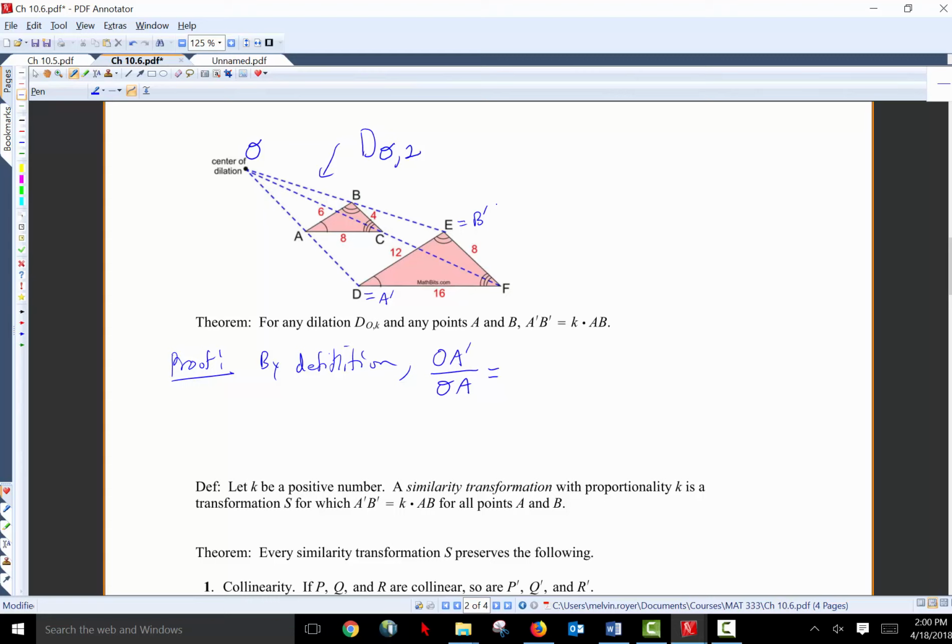By definition of dilation, the new distance OA prime is twice the old, or here, since I'm doing a general proof, it's k times the old distance. And that same thing would happen if I worked with point B as well. So OB prime divided by OB is also equal to k, that same number.